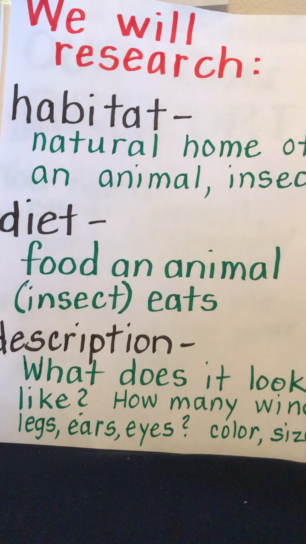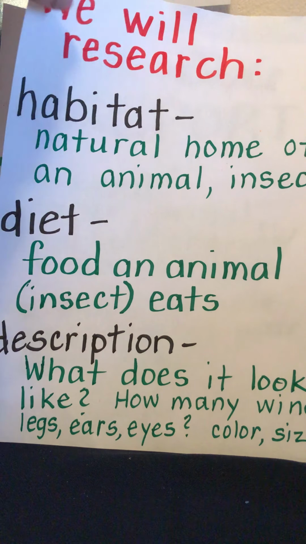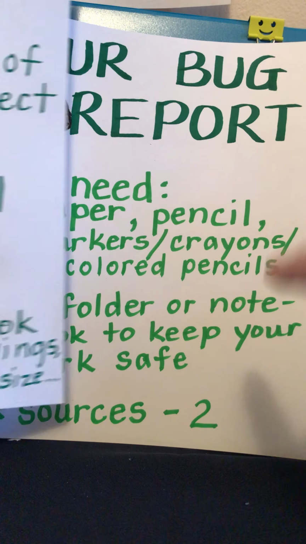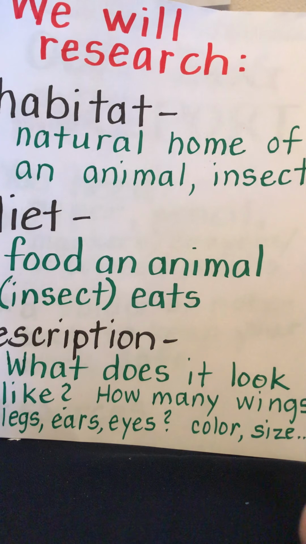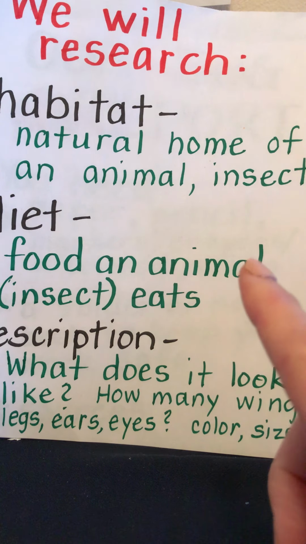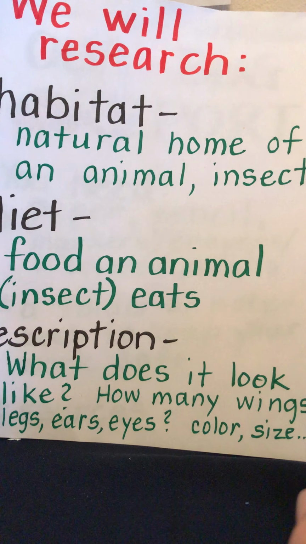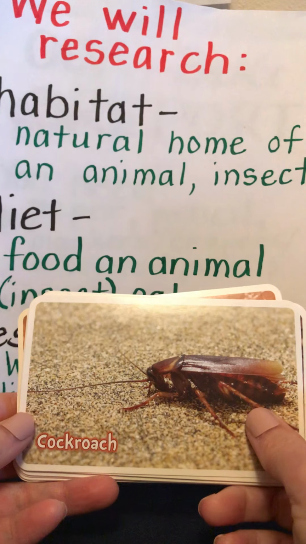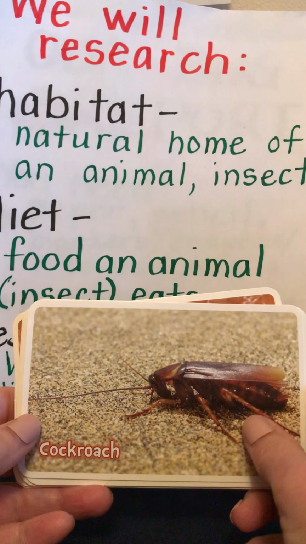All right, well, we want you, like we said, we want you to have 2 sources. Remember down here, 2 sources. But one of them can be the internet site that Mrs. B is going to show you called Pebble Go. One of them can be my cards, if I have your insect in my cards.